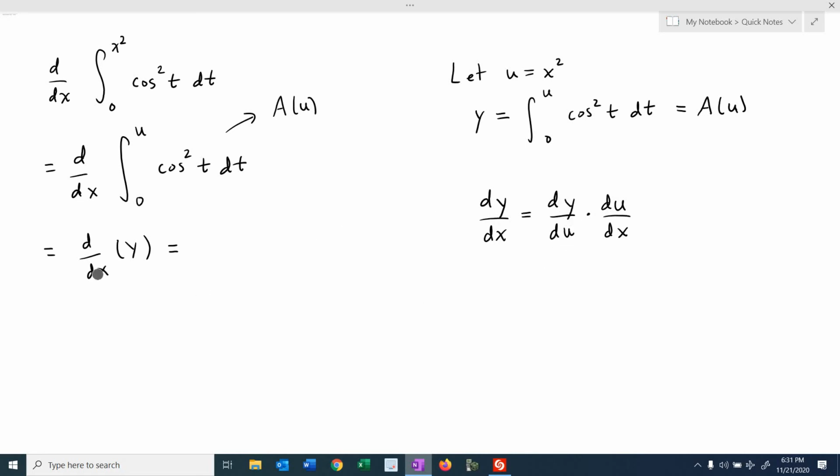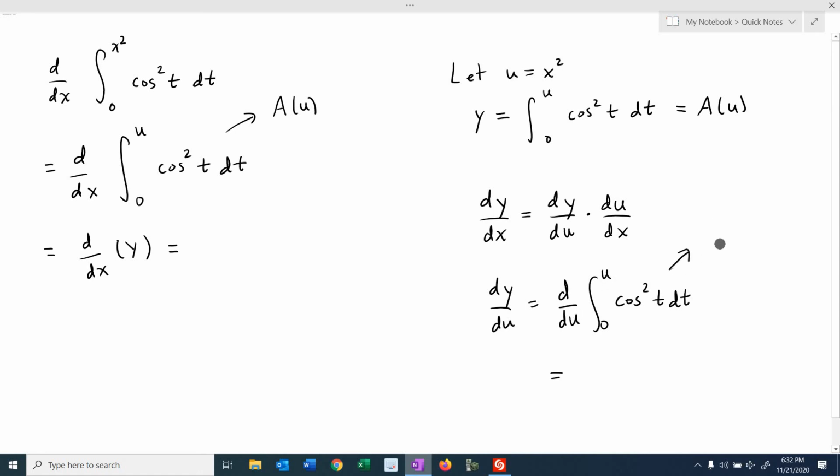So what's dy du? Well, that's essentially the derivative of this area function with respect to u. Okay, and so here we can apply the fundamental theorem of calculus because we're taking the derivative of an area function with respect to u, and the upper limit here on this area function is u.